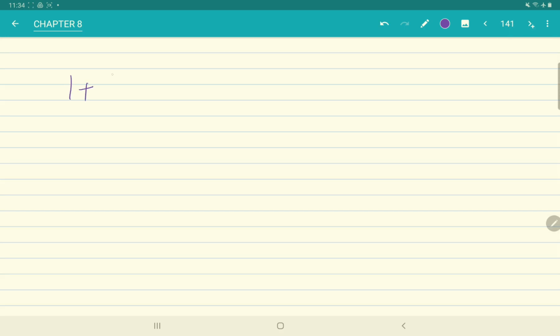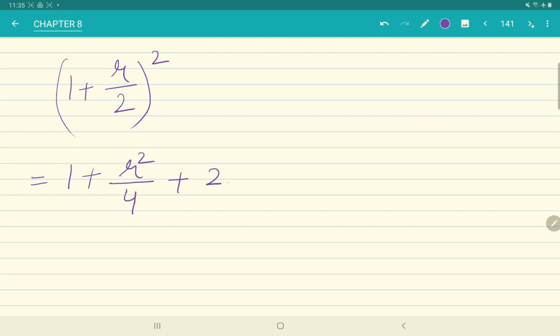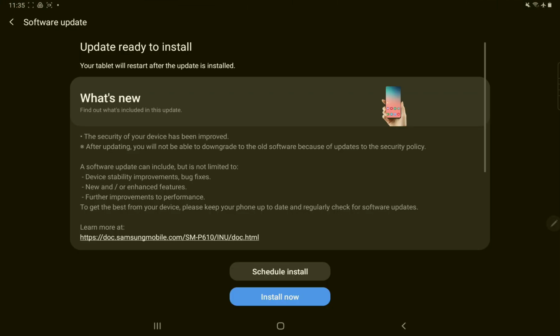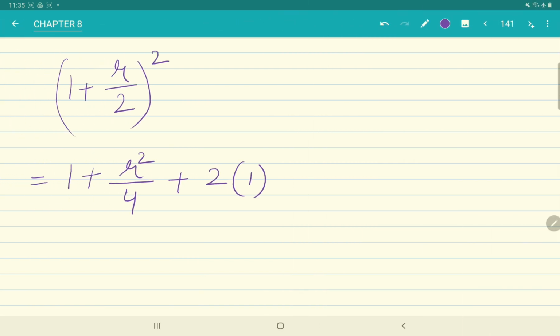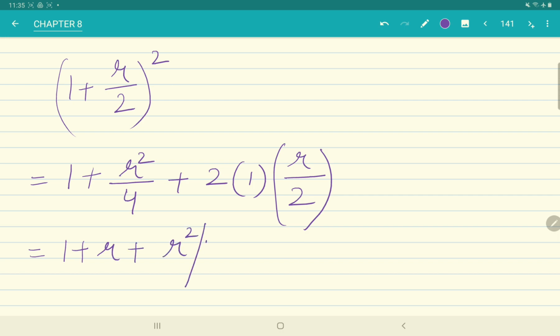So let's take up (1 + r/2)^2. This is in fact equal to 1 + r^2/4 + 2 times r/2, and this actually gives us 1 + r + r^2/4, which clearly is greater than 1 + r.